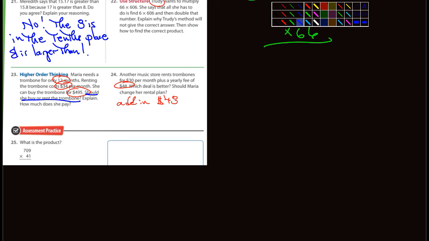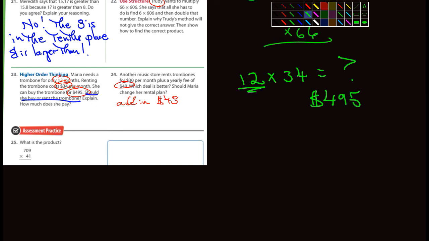Well, first off, you're going to do 12 times 34 equals, and then you're going to compare that to 495 to see which is cheaper. Is it cheaper to rent it for 34 months or just to outright buy it for 495? You're going to compare those two numbers, and see which is cheaper.